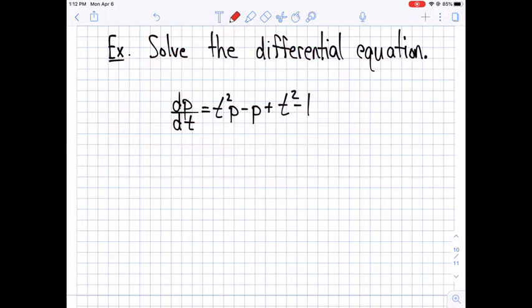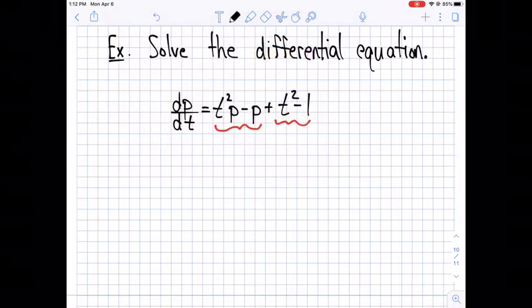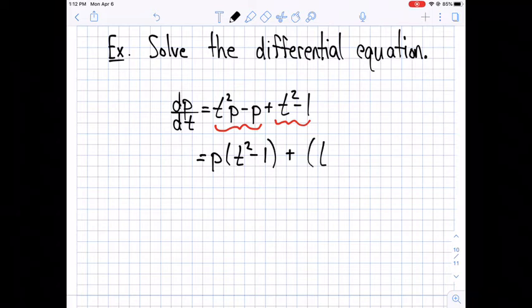So looking at the right hand side, factoring it, hopefully you realize that here on the right hand side we can group it. Now this is not something that we do very often, but I can factor p from the first term and I can leave my second term as is. What I end up with is going to be p multiplied by t squared minus 1 plus t squared minus 1, and that's going to be my right hand side.